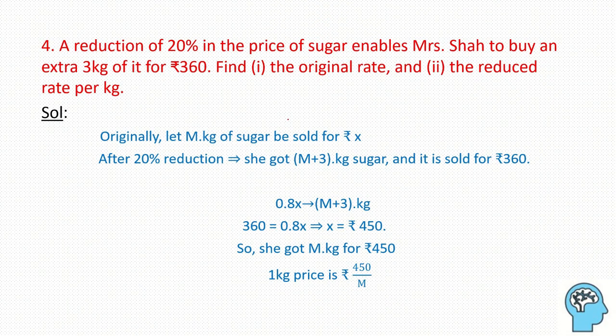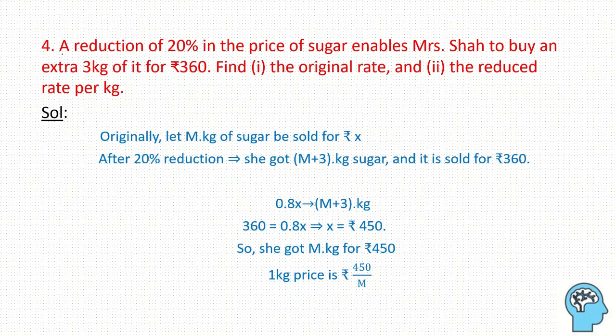So in this slide, let's look at the fourth problem. Let me read out to you the problem statement. This is a bit tricky problem, so that's why I took it as an example.